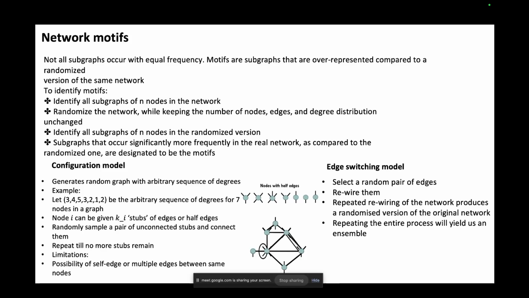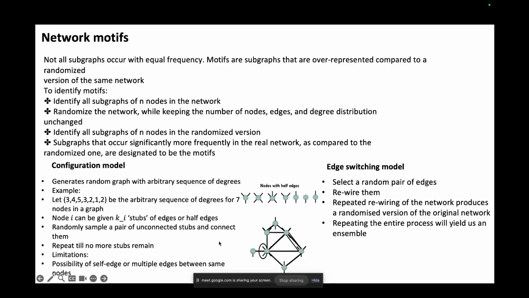So 1 in 10 times in a random network that subgraph is present, but in your original network that subgraph is present. So that means it is very unlikely that this subgraph is present due to a random process. It is present due to some sort of biological significance, or whatever significance you are studying, right?